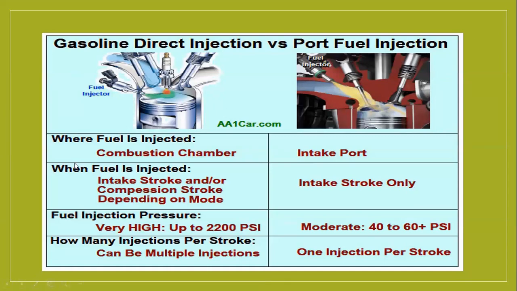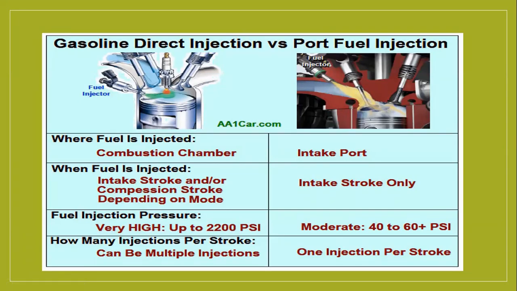So here the fuel is injected into the combustion chamber through the intake port. Fuel is injected during the intake stroke, and sometimes in the compression stroke, depending on the mode. It starts from the intake stroke and ends at the initial stage of the compression stroke.